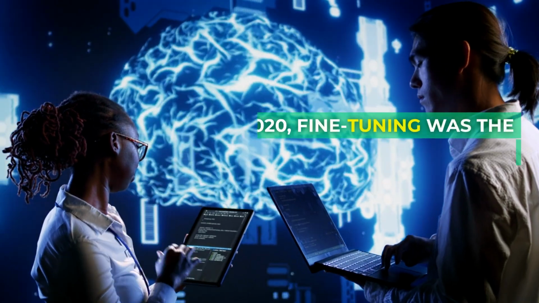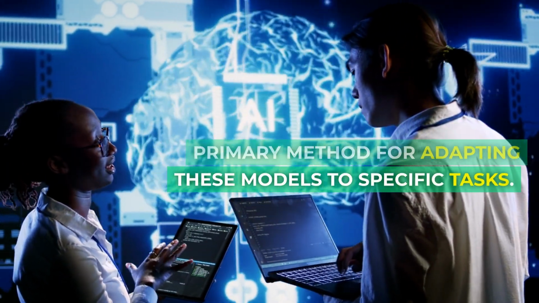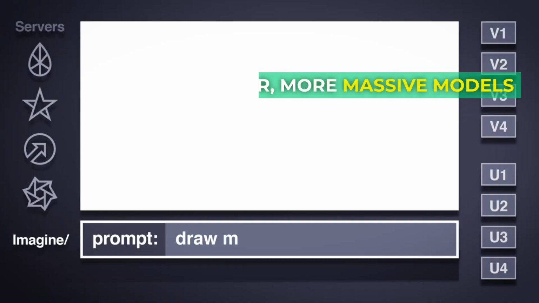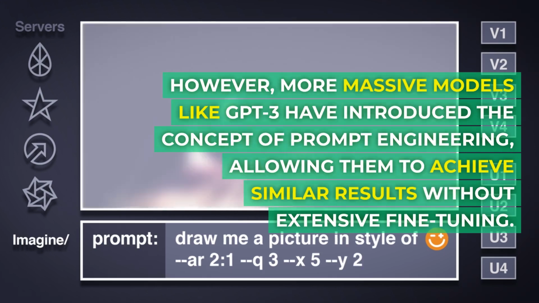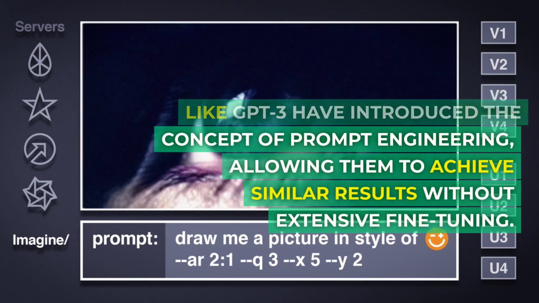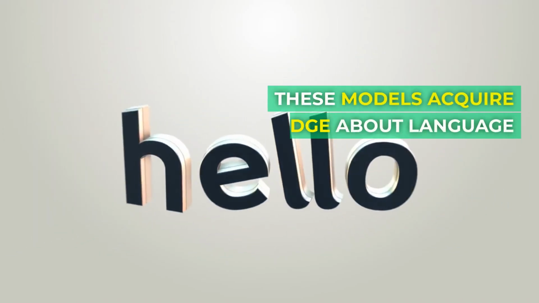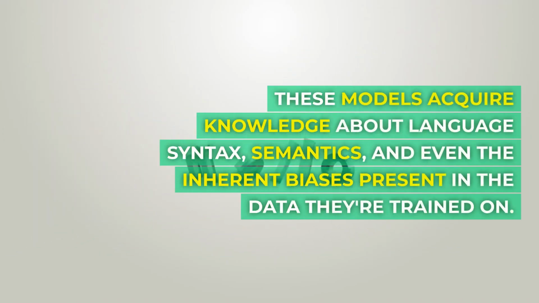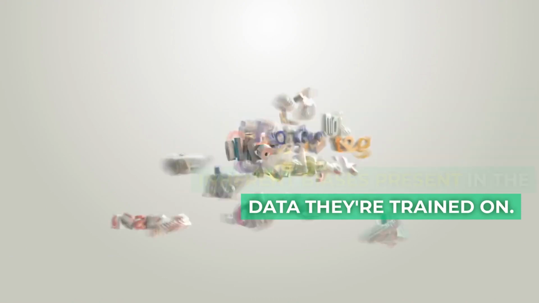Until 2020, fine-tuning was the primary method for adapting these models to specific tasks. However, more massive models like GPT-3 have introduced the concept of prompt engineering, allowing them to achieve similar results without extensive fine-tuning. These models acquire knowledge about language syntax, semantics, and even the inherent biases present in the data they're trained on.